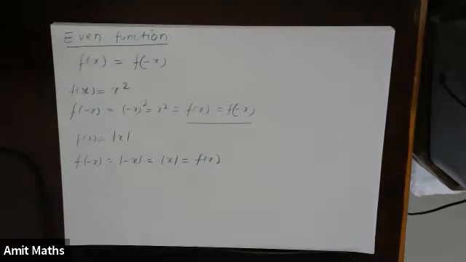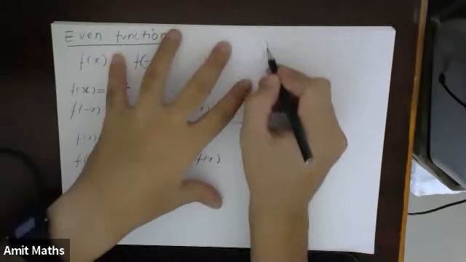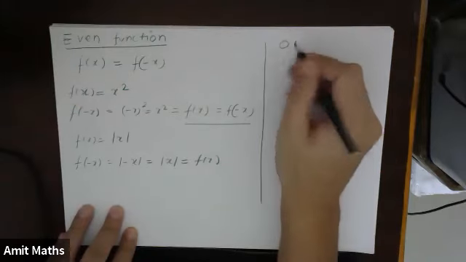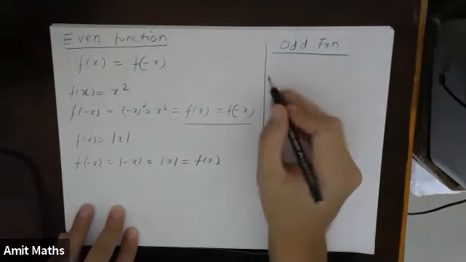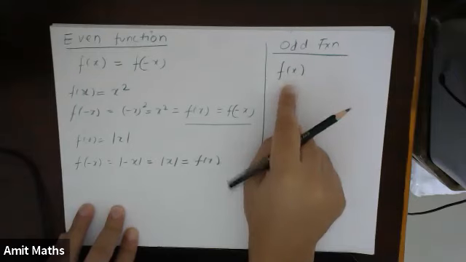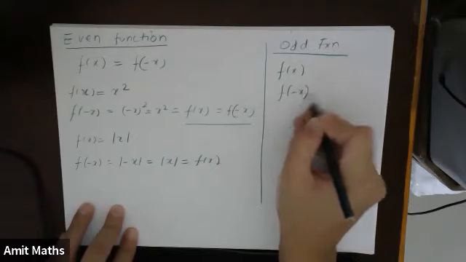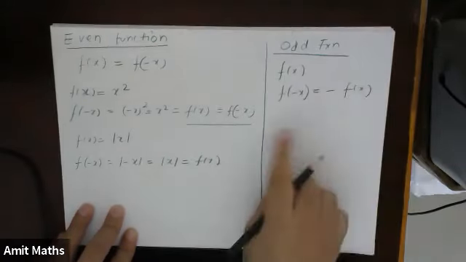Next is odd function. Now you must have guessed that if an even function satisfies this property, then an odd function will be a different kind of function. Suppose in f of x, if I substitute minus x instead of x, f of minus x will give you the negative of f of x.